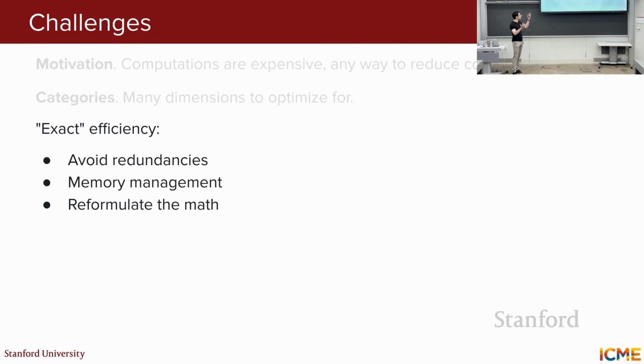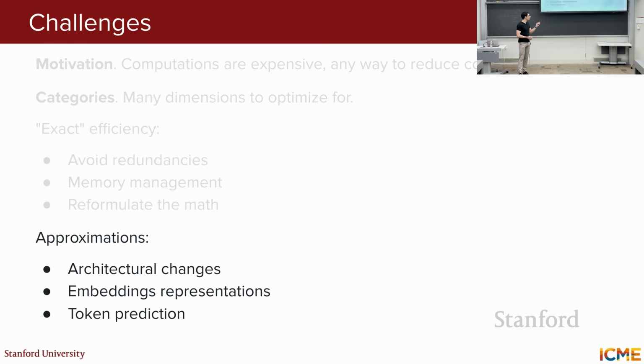Let's try to look for techniques that avoid redundancies. Let's try to see what we could do to manage the memory in the best way. And also let's try to see if we can reformulate the equations inside the LLM in a way that could simplify the generation in practice.